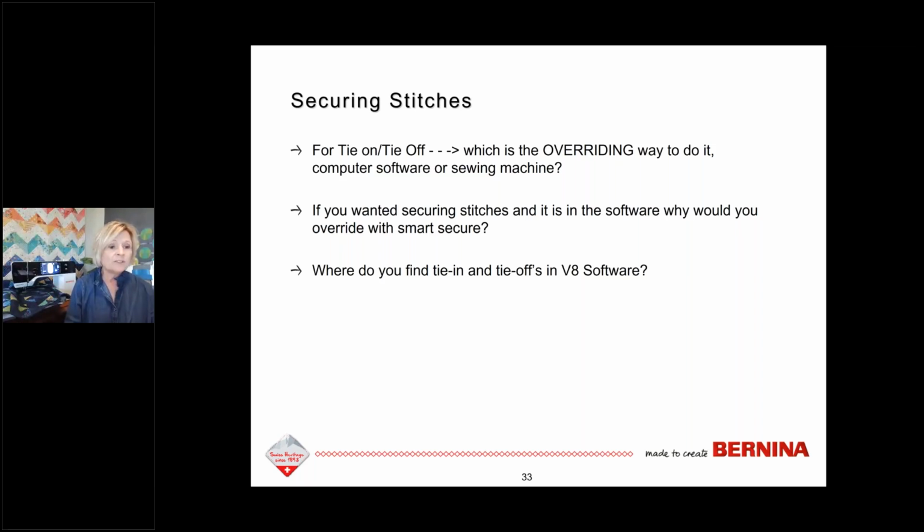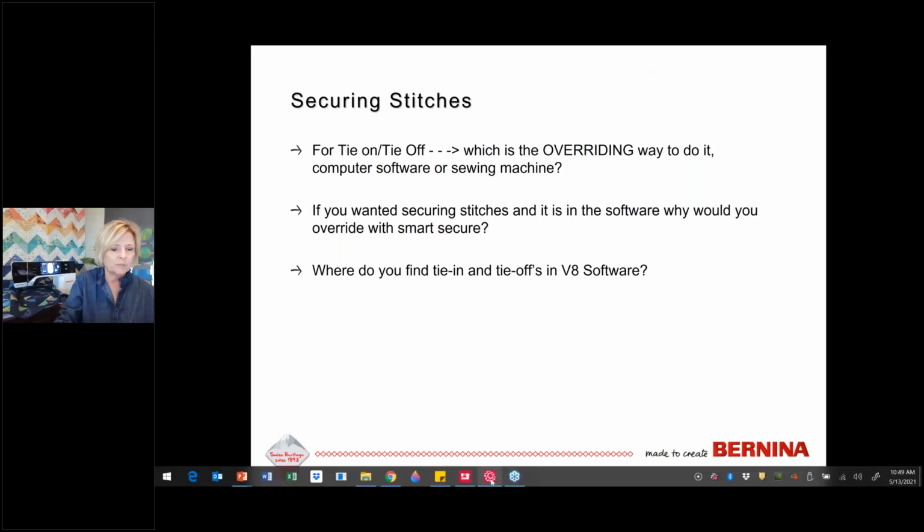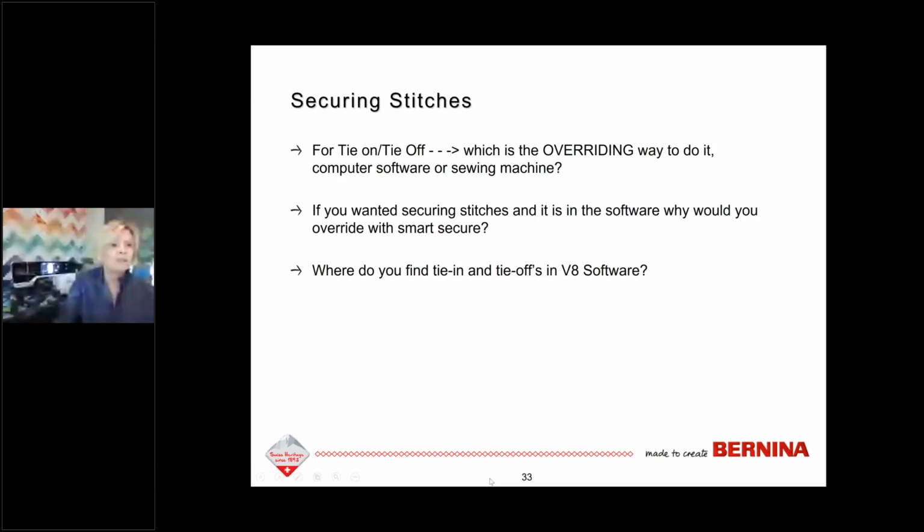Then where do you find the tie on and tie off stitches in the software? And with that, I have my software ready here. Just pop it up. So this is what I mean by selecting the stitch. Make sure it's highlighted in pink that it's selected.